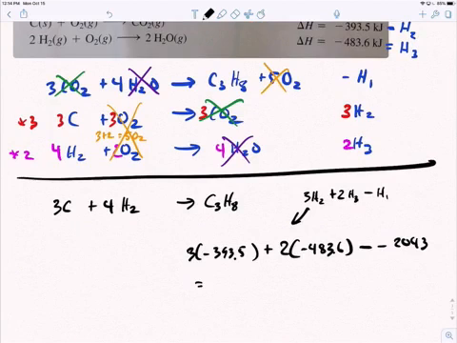And what does that equal? 3 times minus 393.5 plus 2 times minus 483.6 plus 2043.